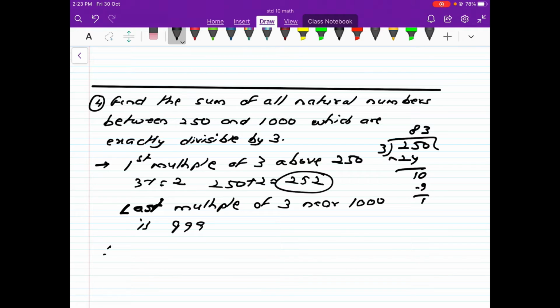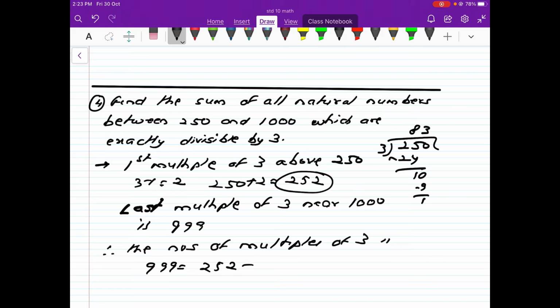Now the number of multiples of 3 is given by the formula: an, meaning 999, is equal to a, where the first multiple is 252, and n is what we don't know. The difference here is always 3. So a is 252, d is 3 and an is 999.